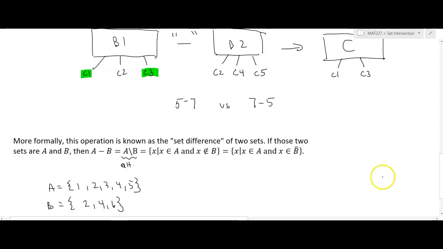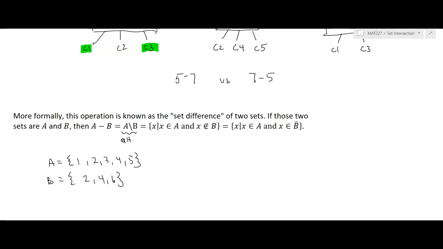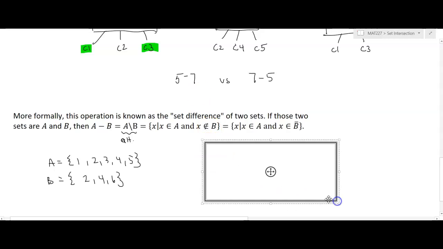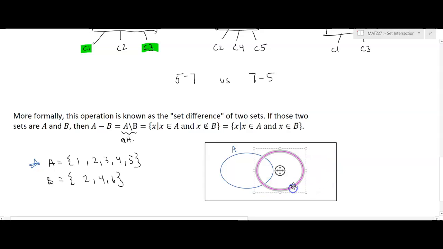So if we again look at this as a Venn diagram, which is just a helpful representation here, and we look at set A, and that's going to be set A, and we look at set B, and when we draw this out, we're going to notice pretty quickly what the set difference is. So inside of B, we see that there's 2, 4, 6, but 2 and 4 are both elements inside of A, so only 6 is inside of B, but not a part of A.